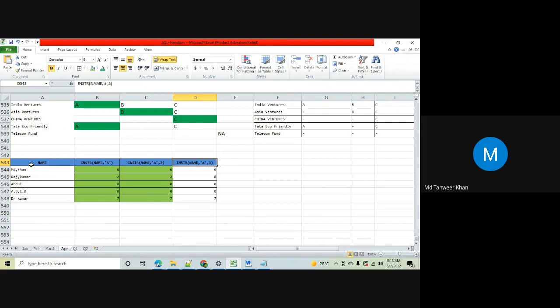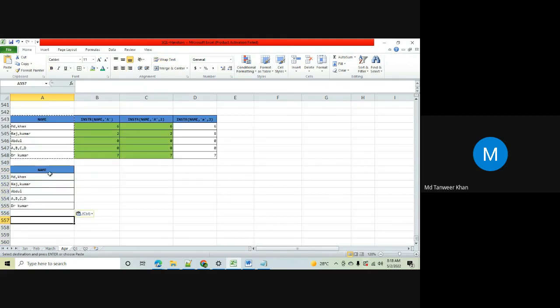It will take this name column from here and keep it somewhere. Which character do you want to search? Lowercase a. From which position are you starting? Third.